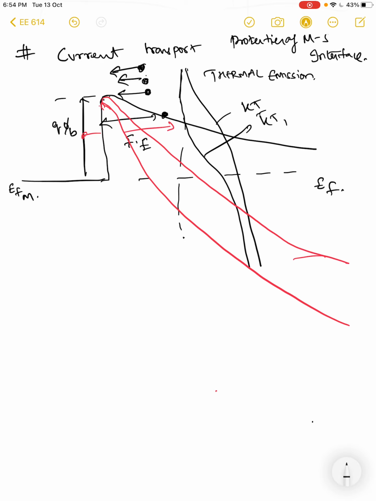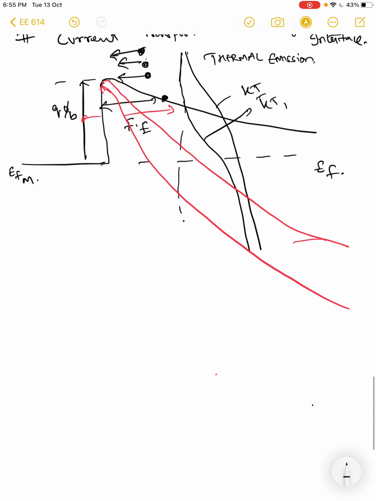So now let us very quickly calculate the current-voltage relationships for the thermal emission as well as for the tunneling probability across this interface, and then we will stop our discussions on metal semiconductor transport with that, right?